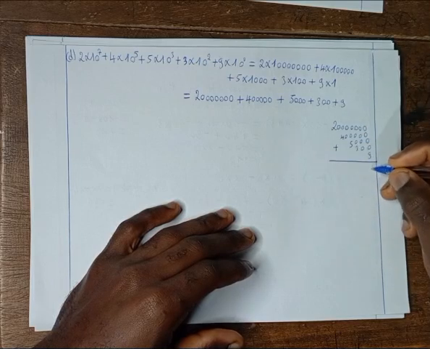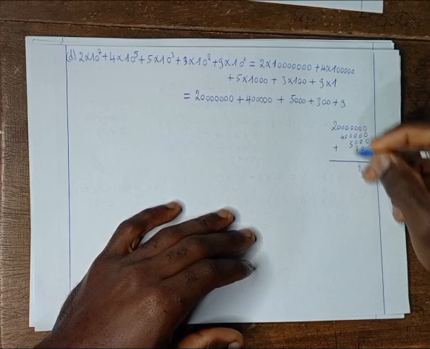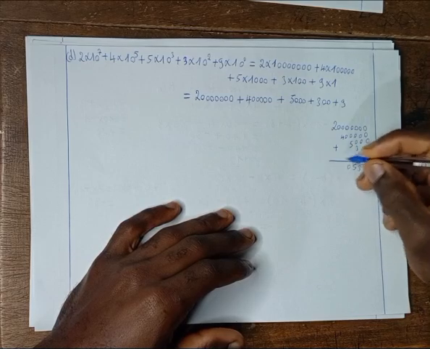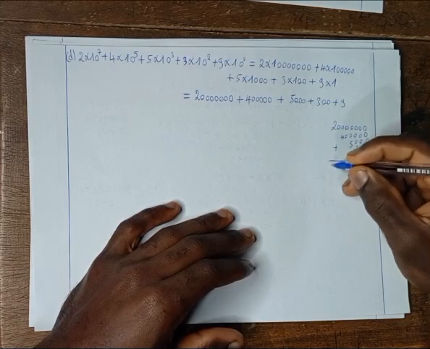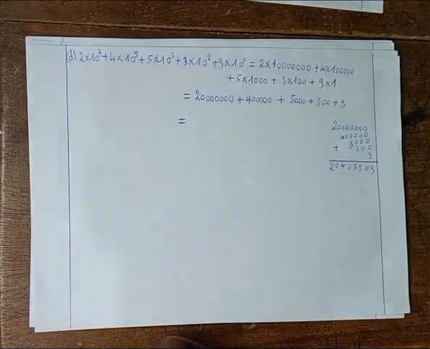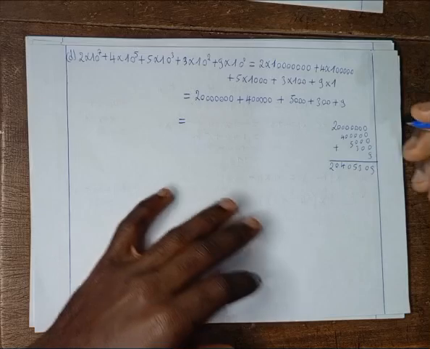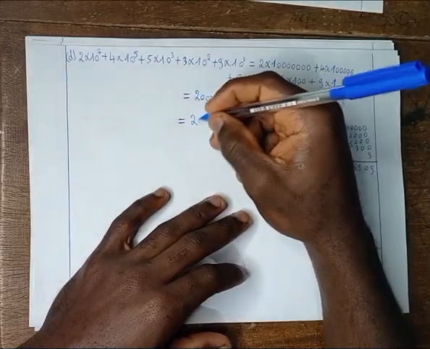To add, this will give us 9, 0, 3, 5, 0, 4, 0, 2. This will give us the number 20,405,309.